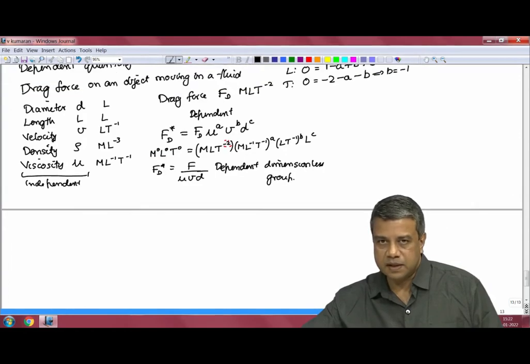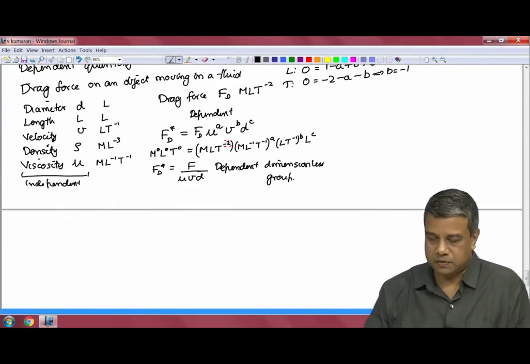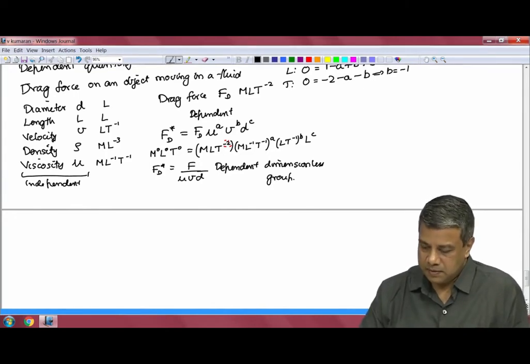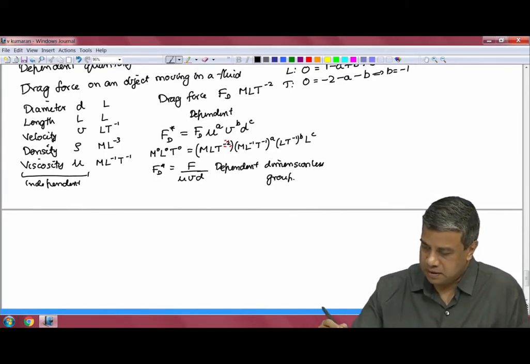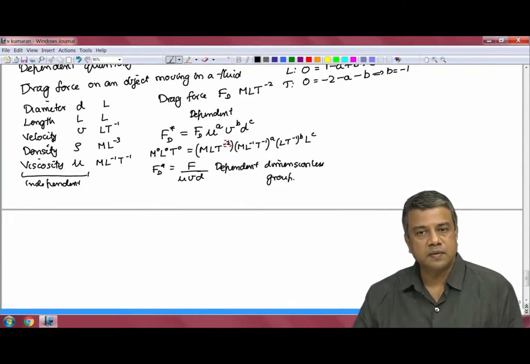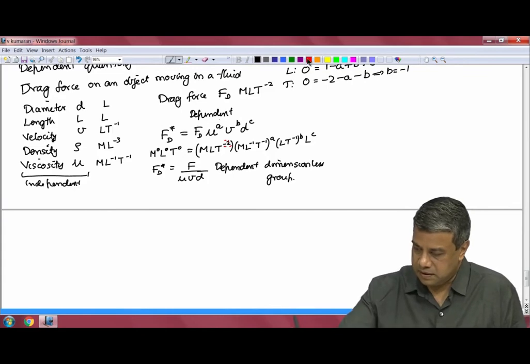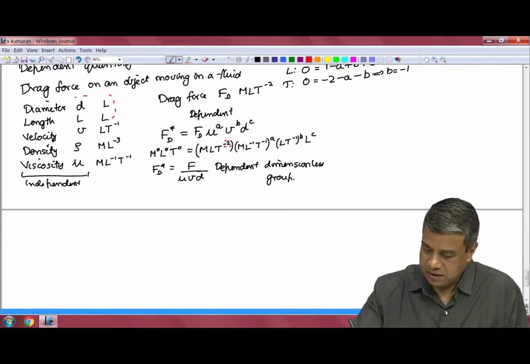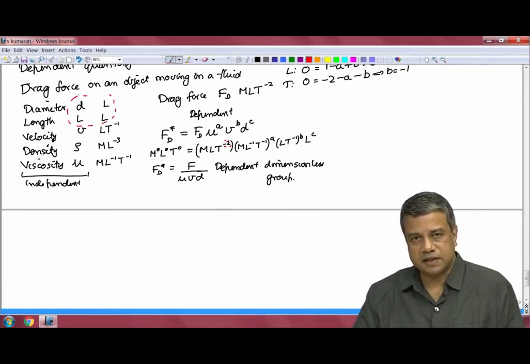Now, this dependent dimensionless group has to be a function of independent dimensionless groups, or rather, of 2 independent dimensionless groups, because I had a total of 5 parameters and 3 dimensions between them. That means that the number of independent dimensionless groups has to be 5 minus 3, that is 2. One of these is easy to see, because the diameter and the system size have exactly the same dimension.